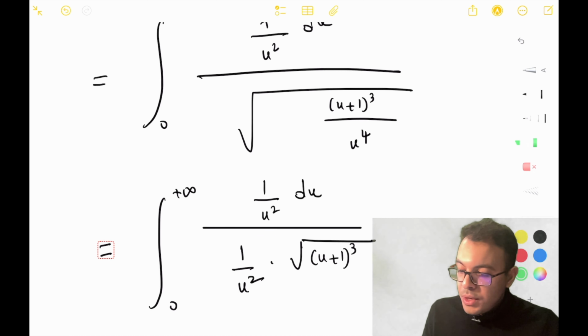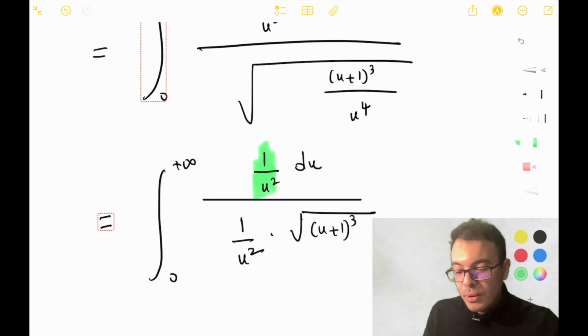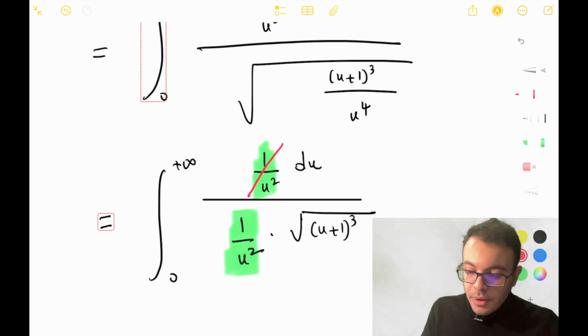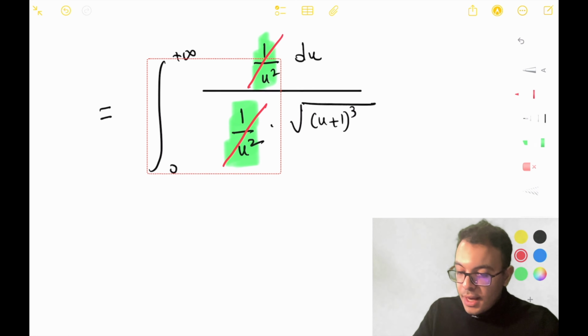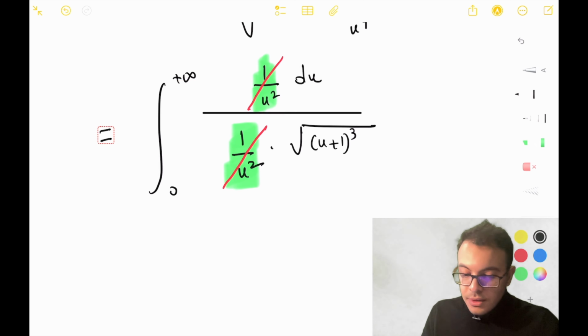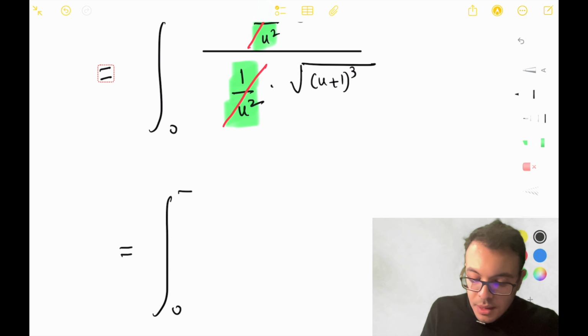We notice that we have 1 over u squared both below and above, so we can simplify.